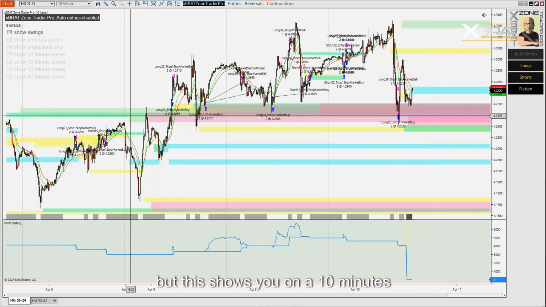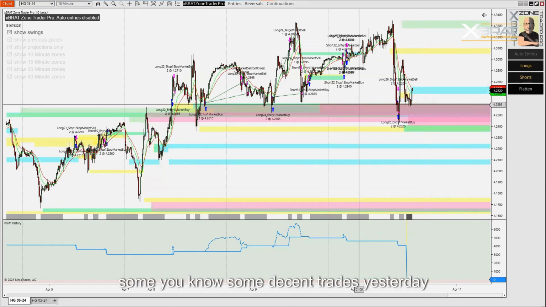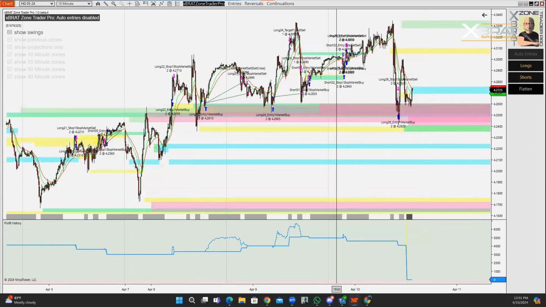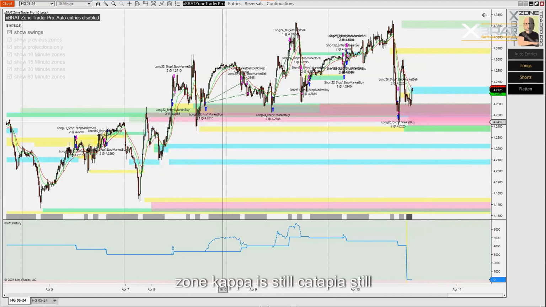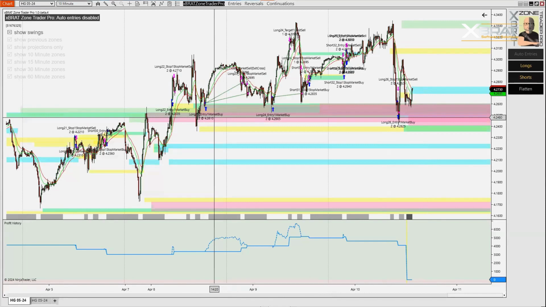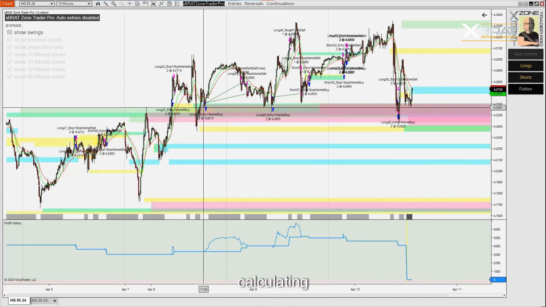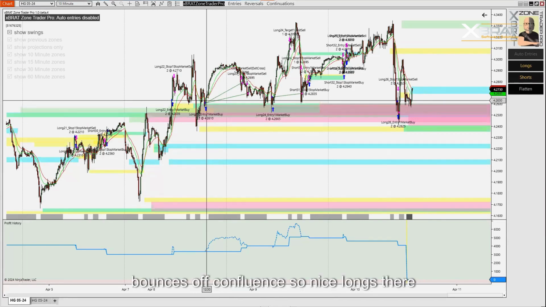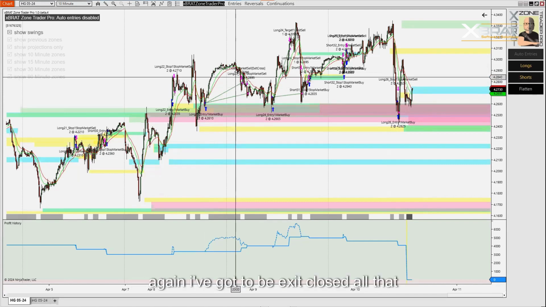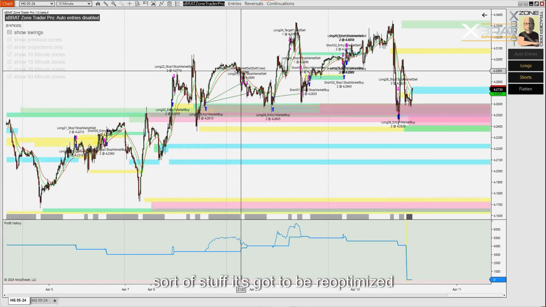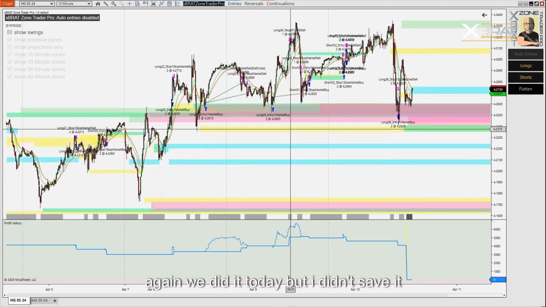But this shows you on a 10-minute, some decent trades yesterday, where we found support at this confluence zone. Cattle feed's still calculating. Bounces off the confluence zone, nice longs there. Again, I've got to work on exits, all that sort of stuff. It's got to be re-optimized again. We did it today, but I didn't save it.